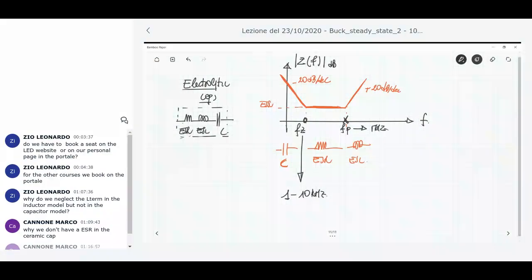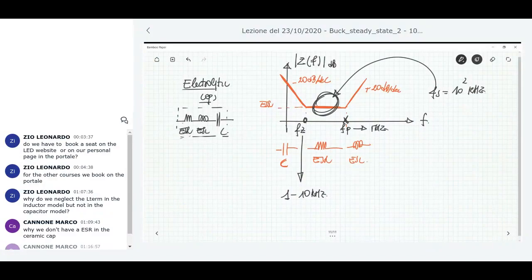So, what is the typical switching frequency of our converter? Typically, it is in the hundreds of kilohertz. So that means that typically we are working exactly in this region here.